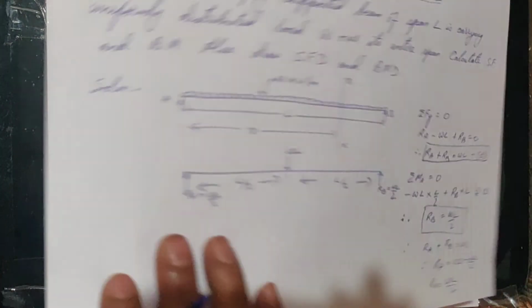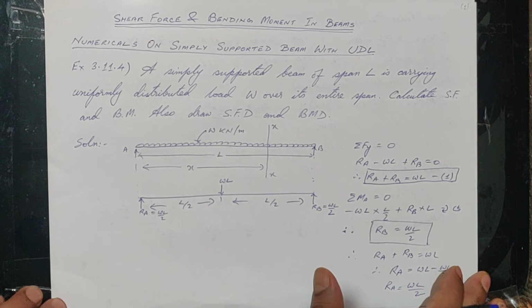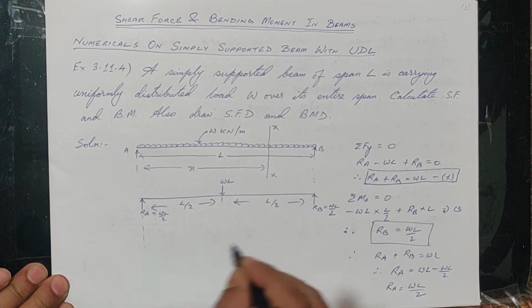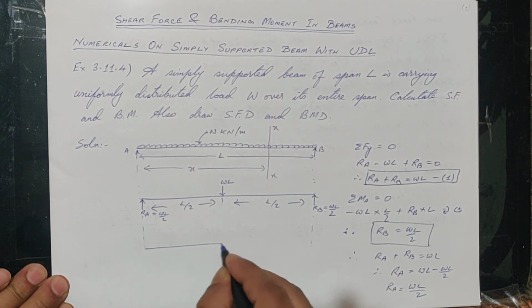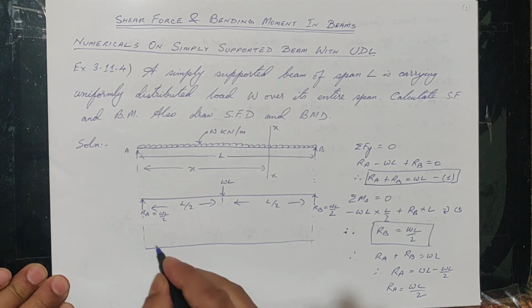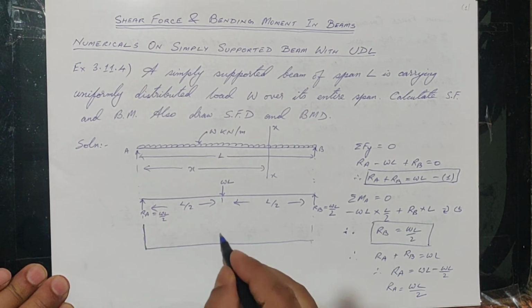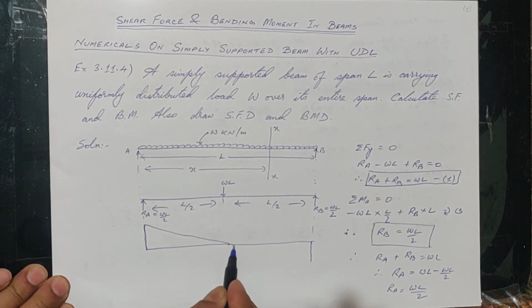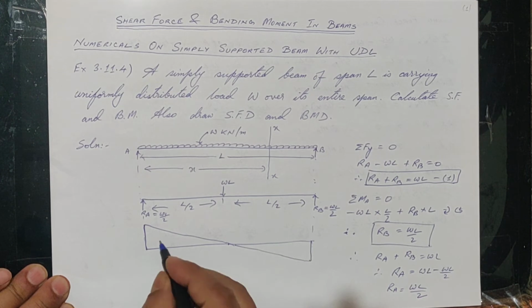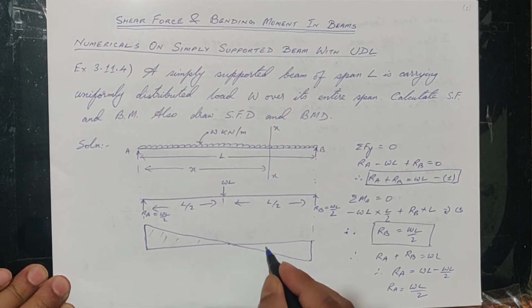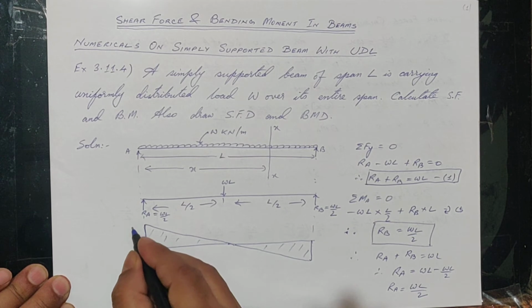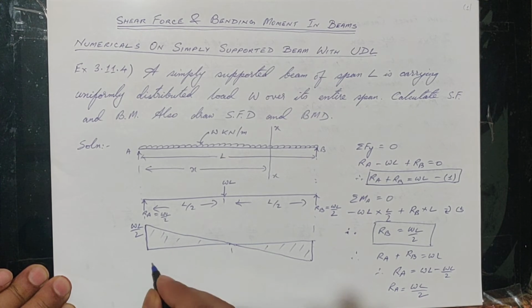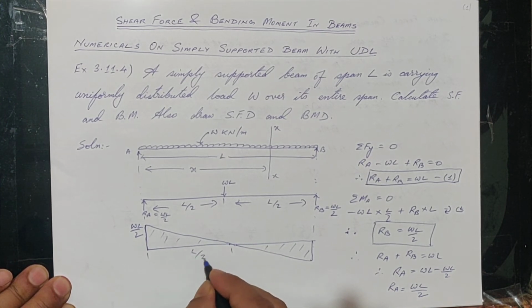Okay. Now we will draw the SF and the BM. Here we have WL by 2 and it will cross over at L by 2.